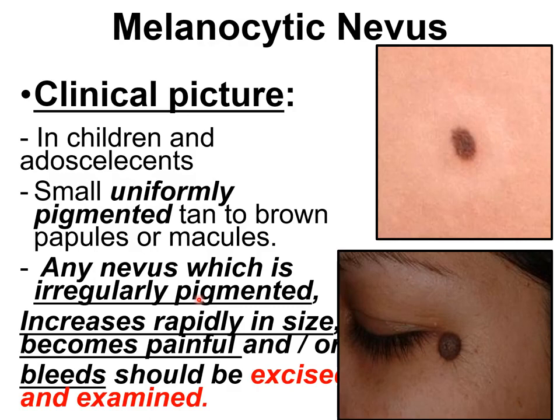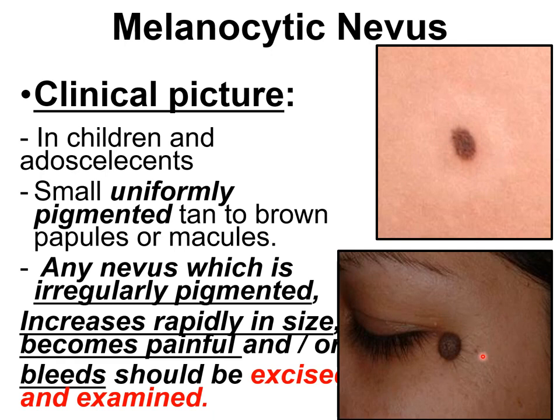If it is itchy and painful, it may be exposed to inflammation or irritation. The inflammation and irritation cause dysplasia, and dysplasia may turn into malignant melanoma. So the lesion of melanocytic nevus is small and uniformly pigmented, either with no elevation on the skin, a macule, or with elevation on the skin, a papule.